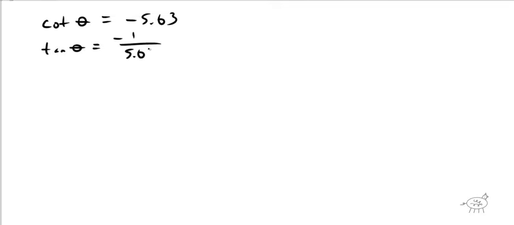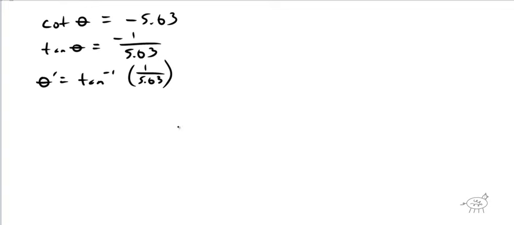Let's do cotangent of theta is equal to negative 5.63. Alright, so remember, you're going to rewrite this as tangent of theta equals negative 1 over 5.63. And then we're going to find the reference angle. So theta prime is equal to the inverse tangent of positive 1 over 5.63. Always use positive values.